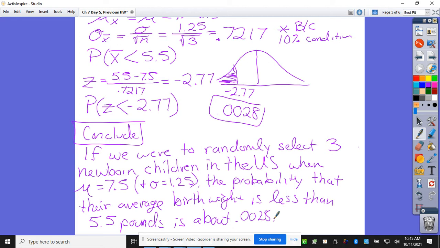And then part C says, why are the probabilities in part A and part B not equal?